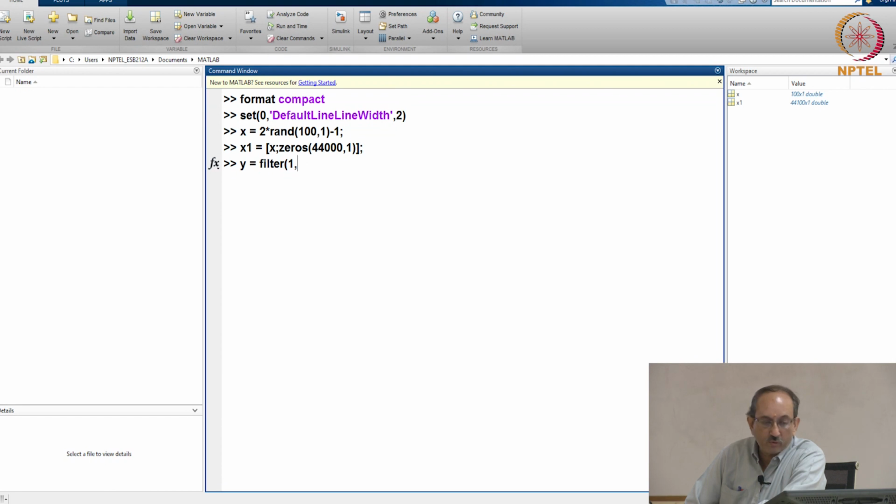Okay, so filter, and then the b coefficients is 1. As far as a is concerned, so this is the filtered output. Now let me plot y.